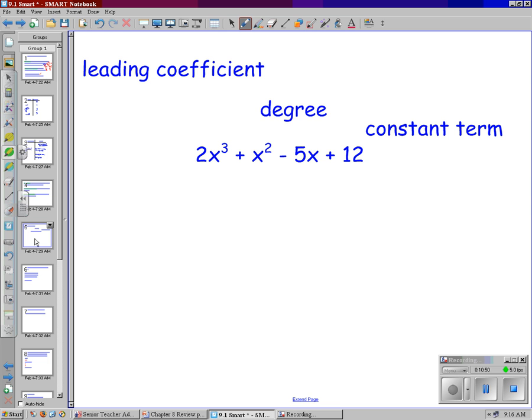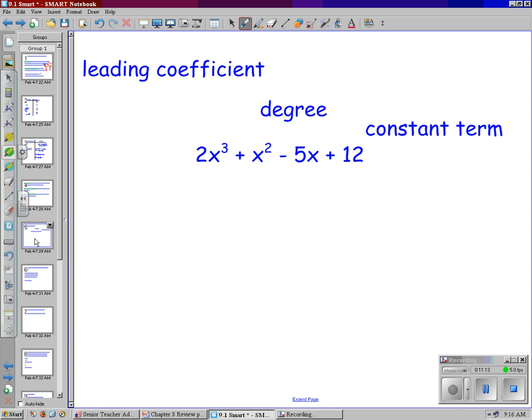Leading coefficient. Which number up here do you think is the leading coefficient? Remember, it is the number in front of the term that has the highest degree. What do you think, Jack? X to the third. Well, the x to the third, this term right here, is the highest degree, right?